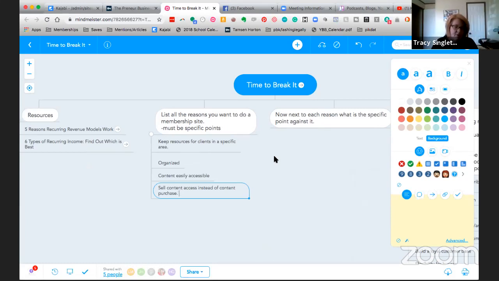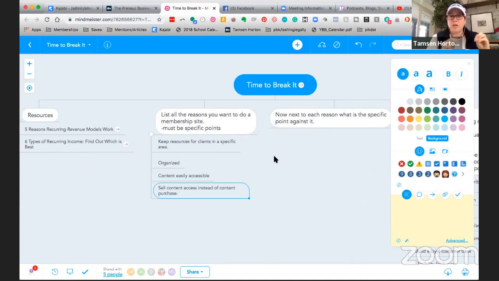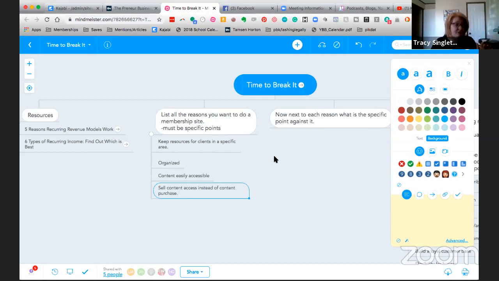The content doesn't change. It's how people pay to either purchase it, meaning they paid once, it stays in their library, period, the end, or they're paying for access. When they quit paying for access, none of it's going to show up in their library anymore. Okay. But they do have an option if they just want one course to pay for just one thing and have it in their library forever.